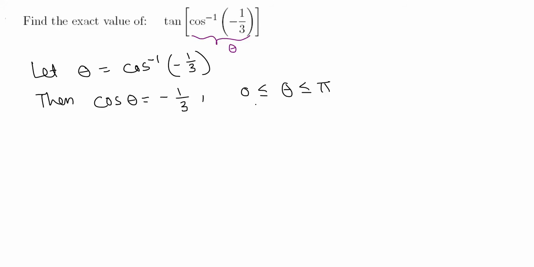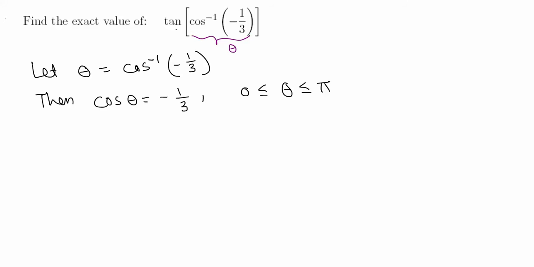That means either in the first quadrant or in the second quadrant up to pi, and cosine is negative. So cosine theta is -1/3 and theta is in either the first quadrant or the second quadrant. We'll figure that out in a moment.